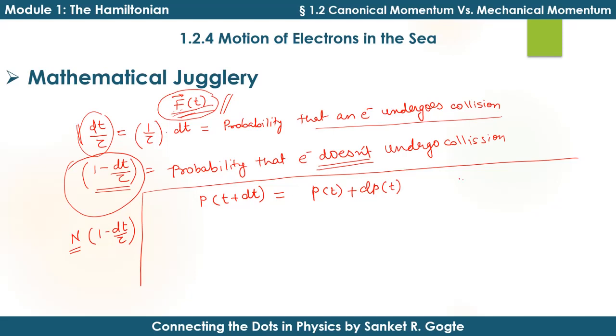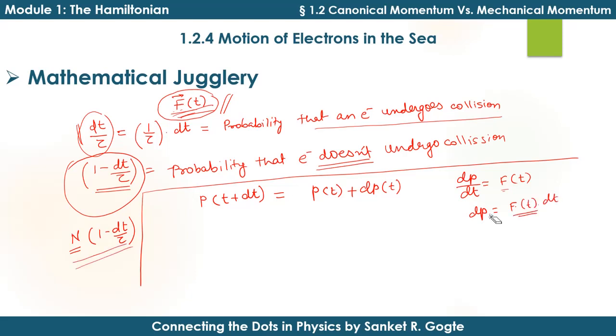This dp I can find out by using Newton's second law. This is what I know. F is the external force, and we are trying to observe the effect of that external force on these electrons, and therefore dp is equal to F of t into dt.